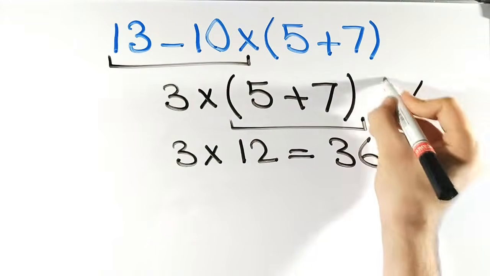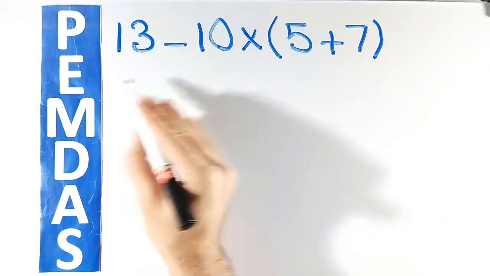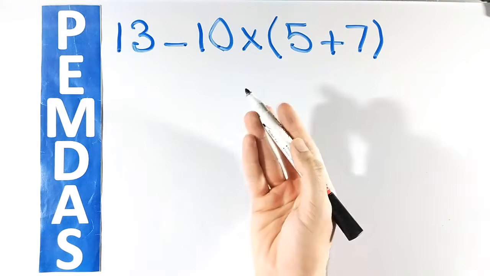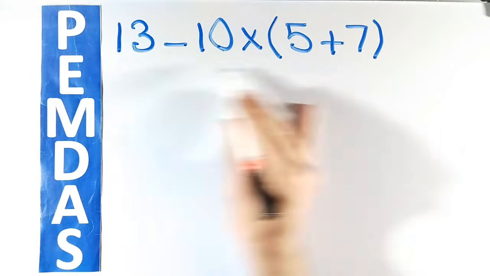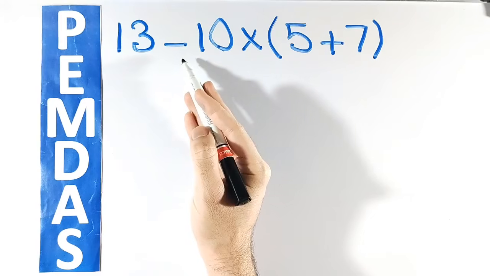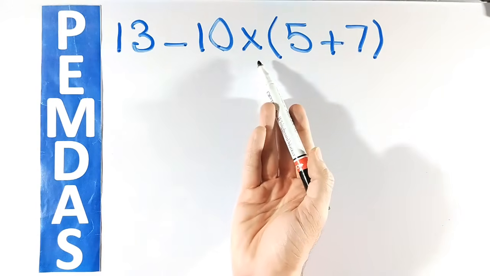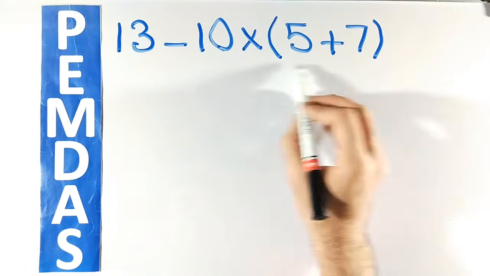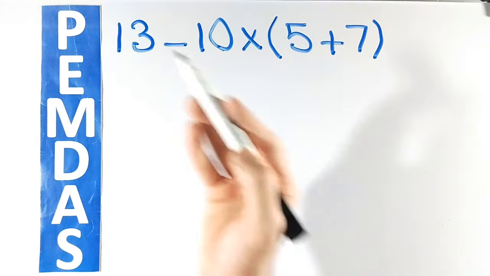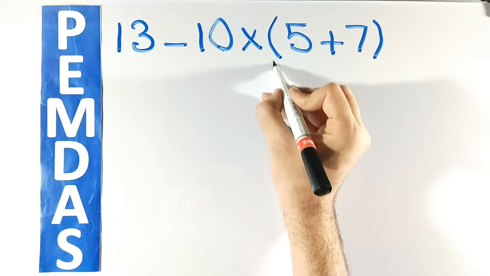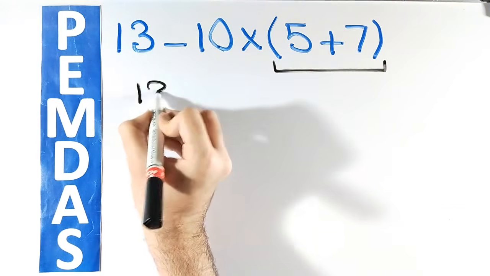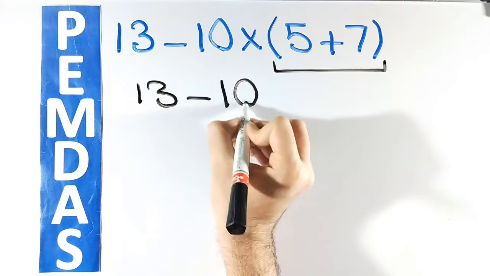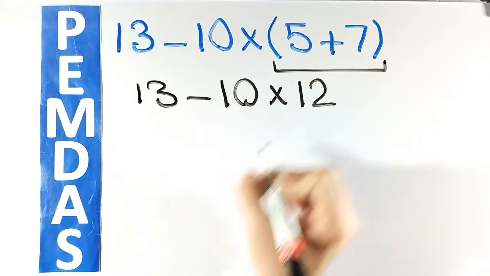But that's definitely wrong. To solve this question, we must follow a rule that is called PEMDAS. As you can see on the screen, in this expression, first we have a subtraction sign, then a multiplication sign, and finally parentheses. According to the PEMDAS rule, first we go for the expression inside the parentheses and write this expression as 13 minus 10 multiplied by 12.